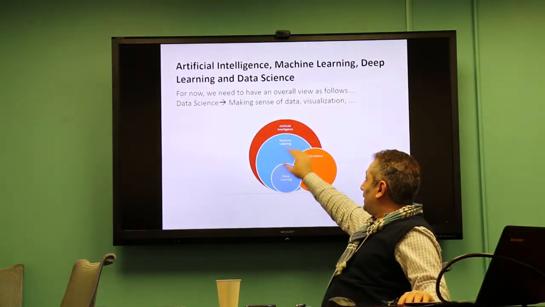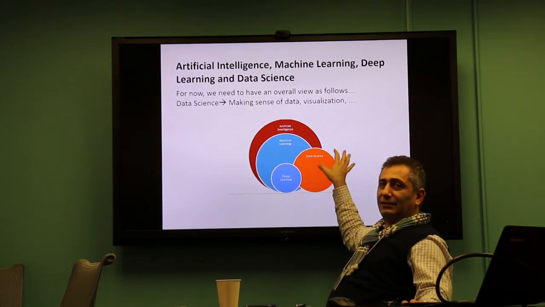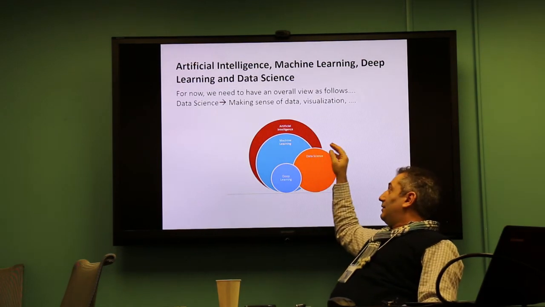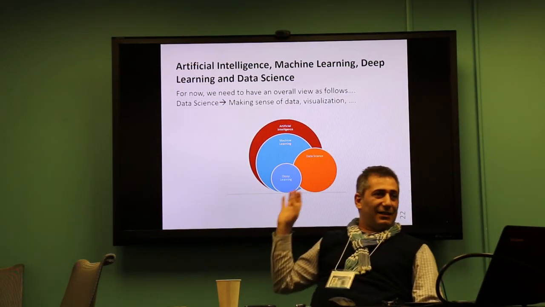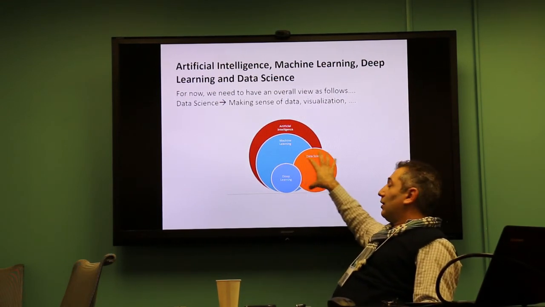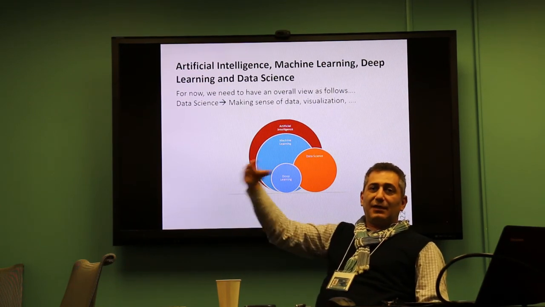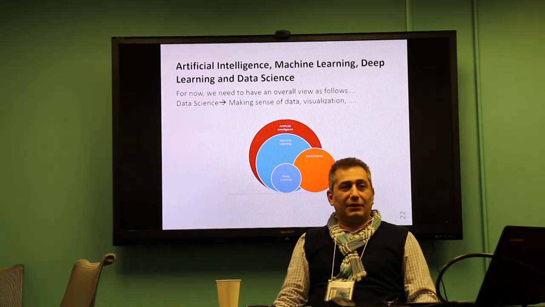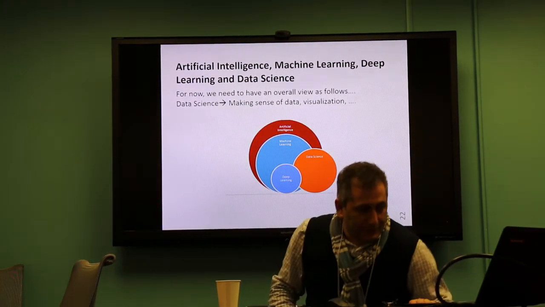I said we have artificial intelligence in general, machine learning, deep learning, and data science needs, it's going to touch all the parts, plus you need to have some statistics and some math, and also it goes to distributed databases and maybe simple databases, so it has some parts in other disciplines.